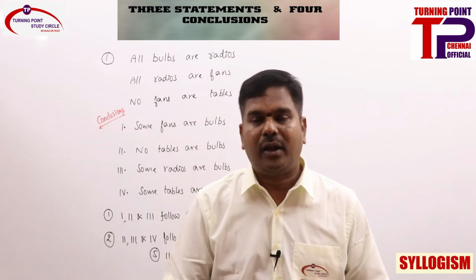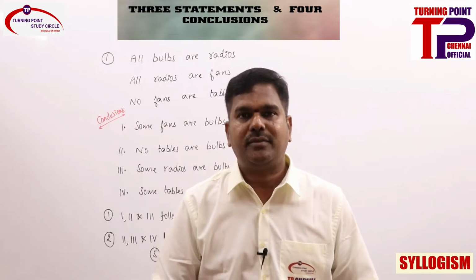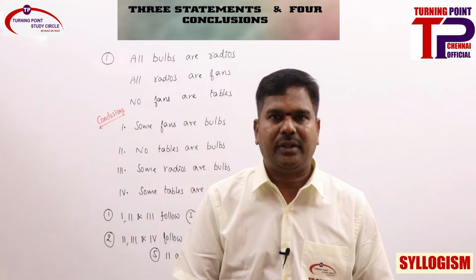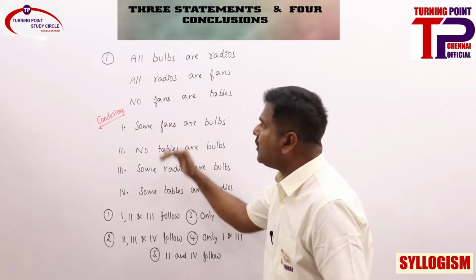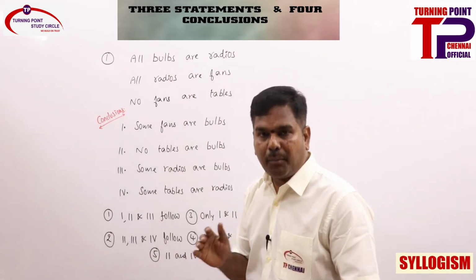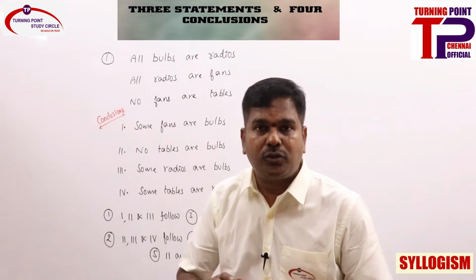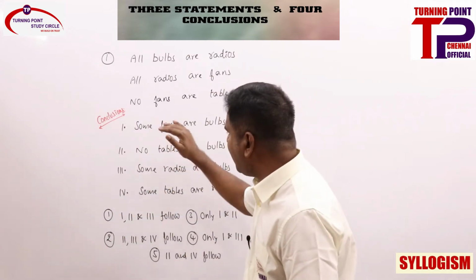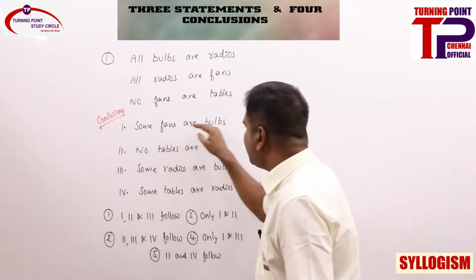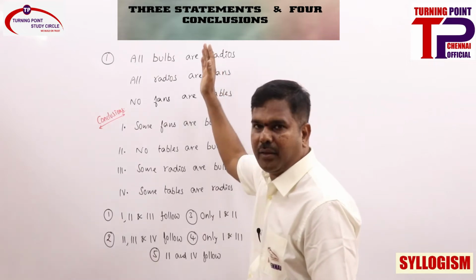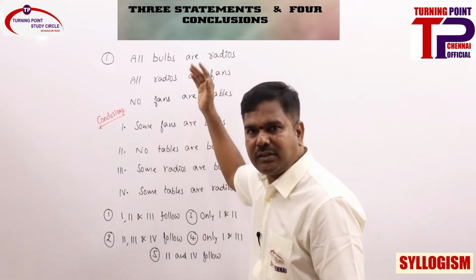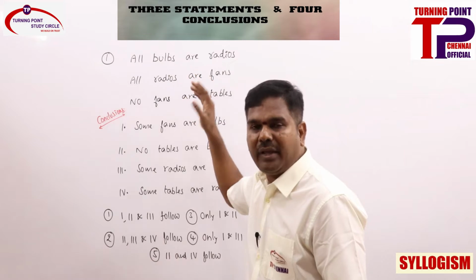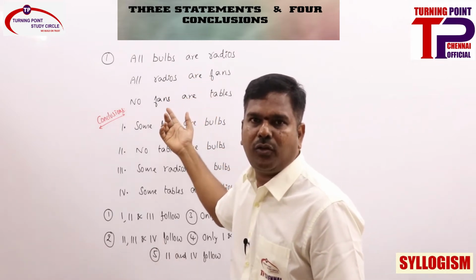To avoid that, the method we are approaching is a shortcut method. That is, from back to front we are solving the problems. Back to front means from conclusion to the statements. We take each conclusion and check whether relevant statements are given, based on which the conclusion follows.